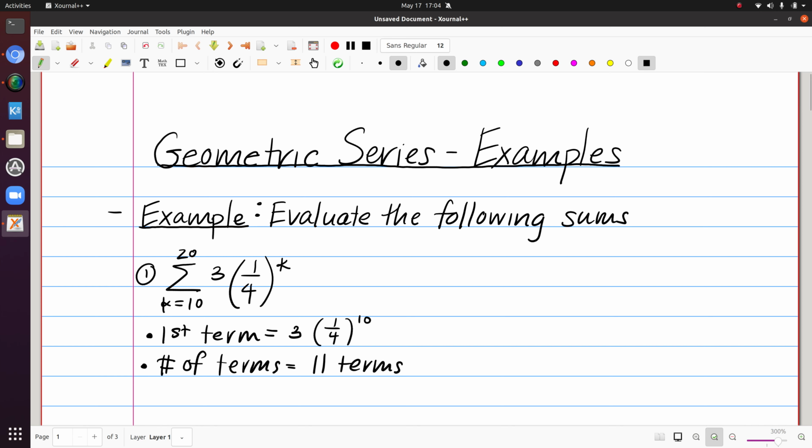Once I observed that, then our formula we said was the first term times 1 minus r raised to the number of terms, which we said was 11, over 1 minus r. And the last thing to consider here is r is 1/4 from looking at the structure of this sum.